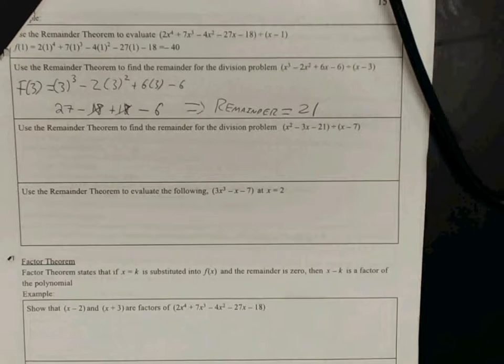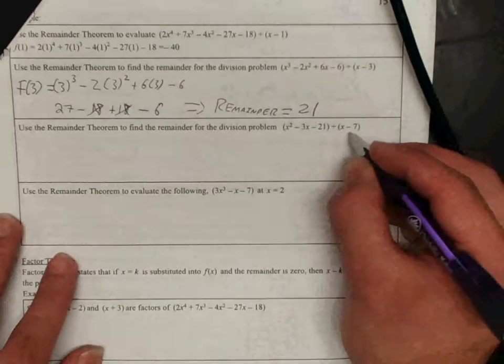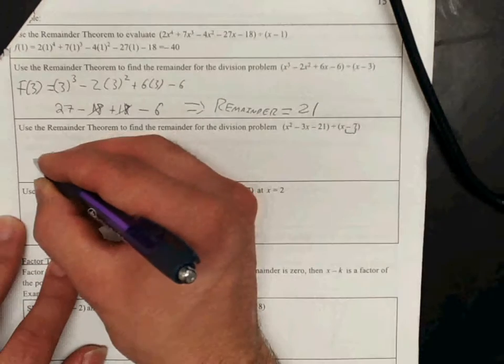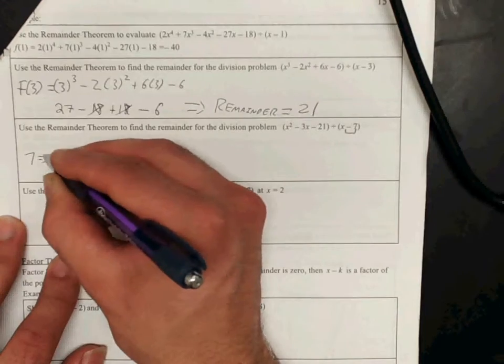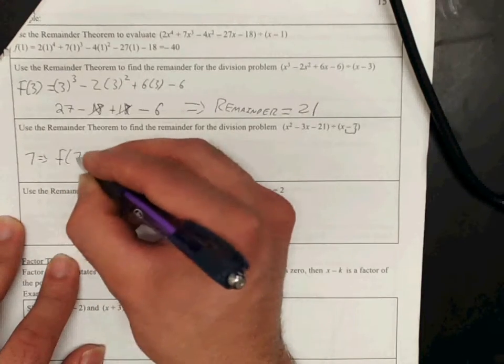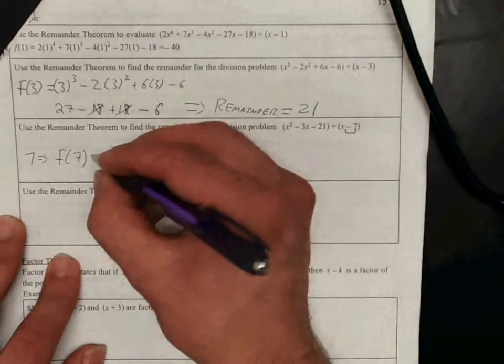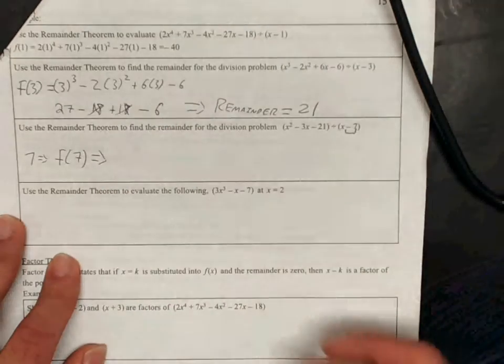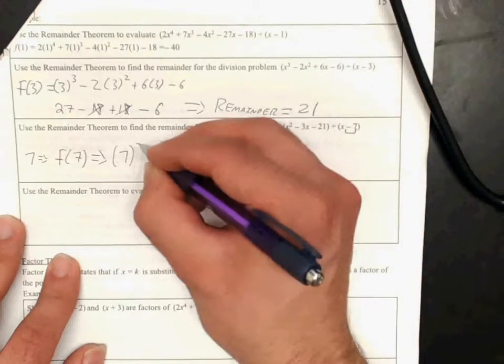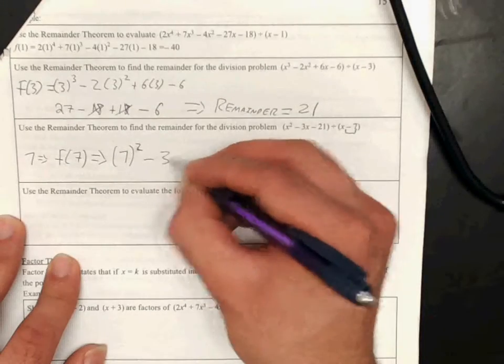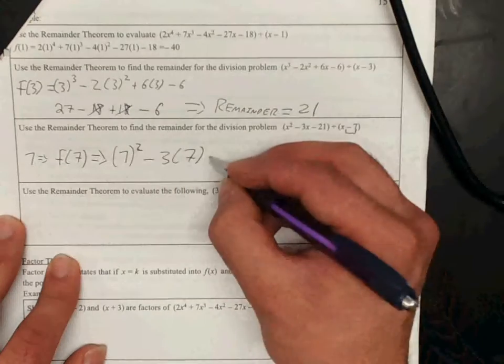Use the remainder theorem to find the remainder for the division problem x squared minus 3x minus 21 divided by x minus 7. So you take that negative 7, you switch the sign to a positive 7, so you find f of positive 7, and then you evaluate it in the function: 7 squared minus 3 times 7 minus 21.